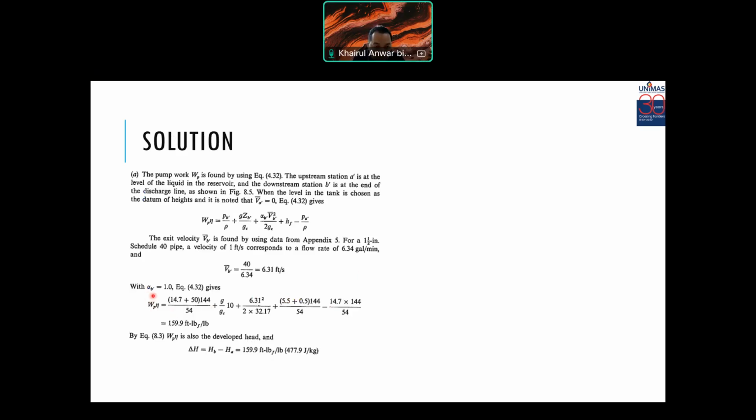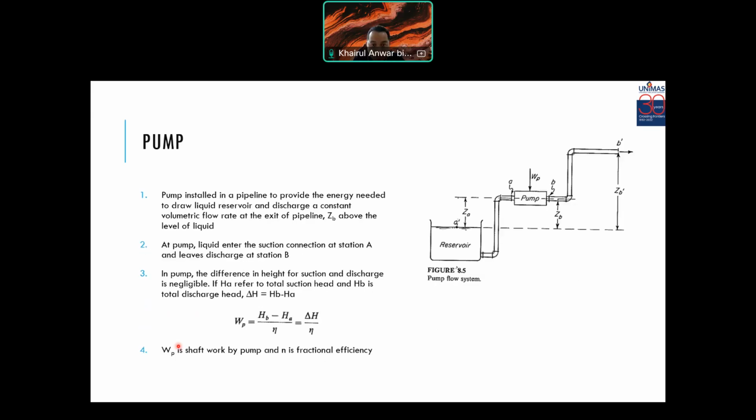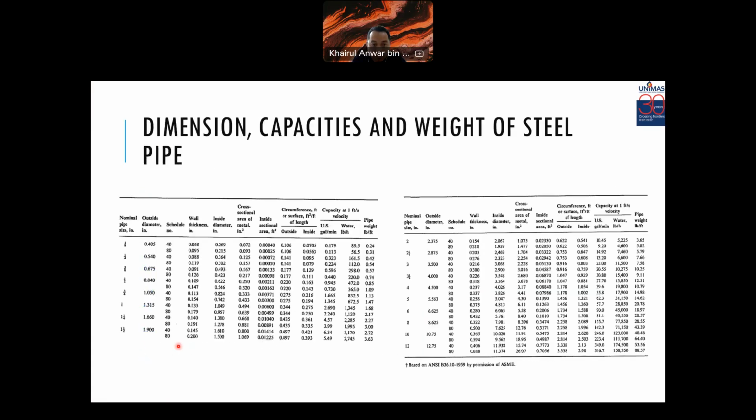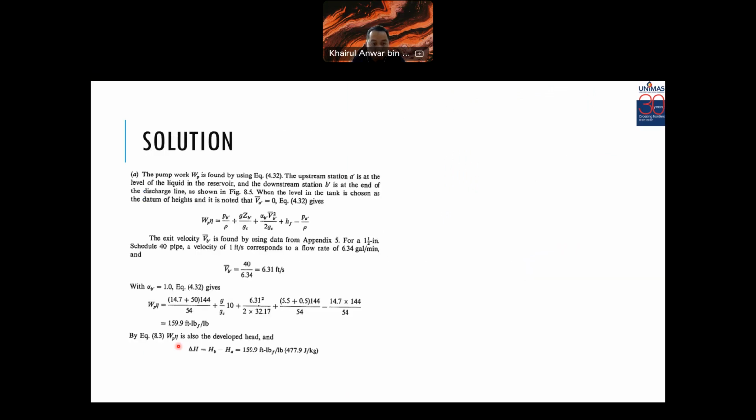With alpha B equal to 1, we get the shaft work 159.9 foot pound force per pound, like question 8.3. Yes, so it's also the developed head.